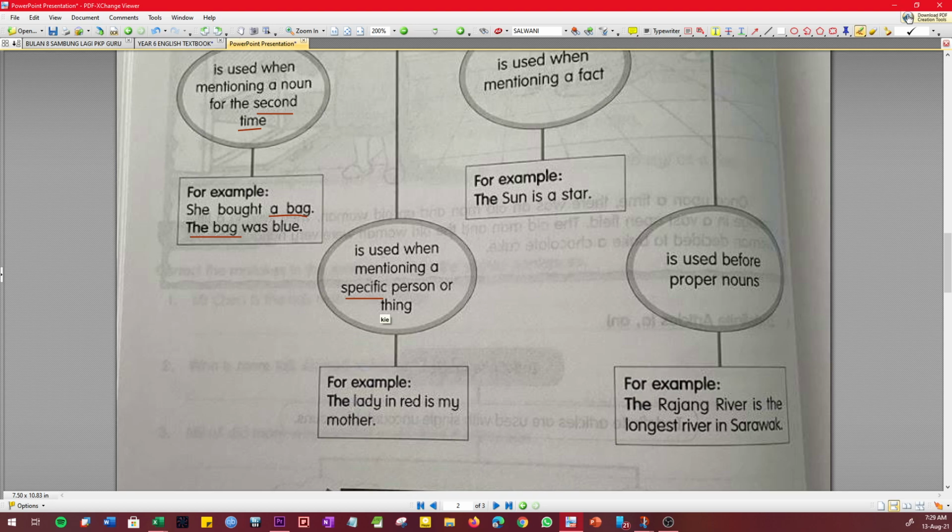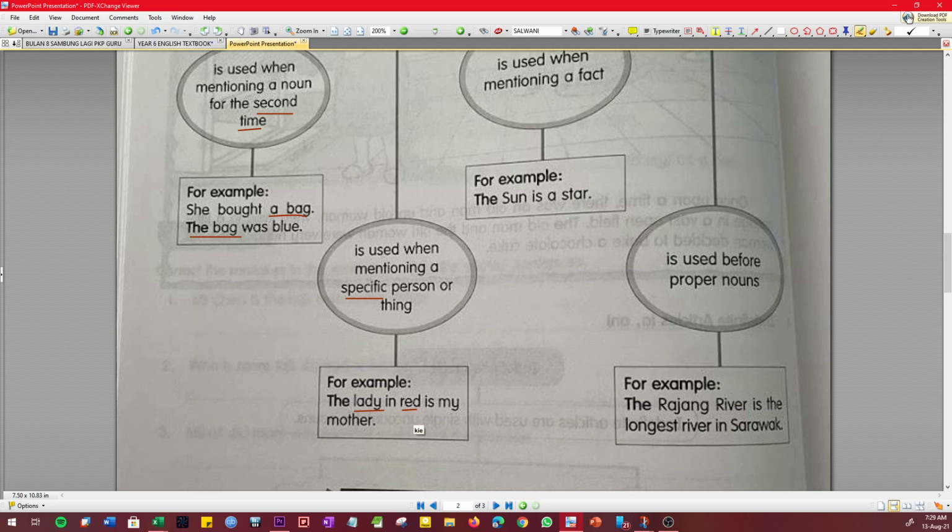So, what is the adjective for this noun? The noun is lady. The lady in red is my mother. Maksudnya perempuan itu berpakaian warna merah. The lady in red is my mother. So this is specific. Perempuan yang berpakaian merah itu specific.